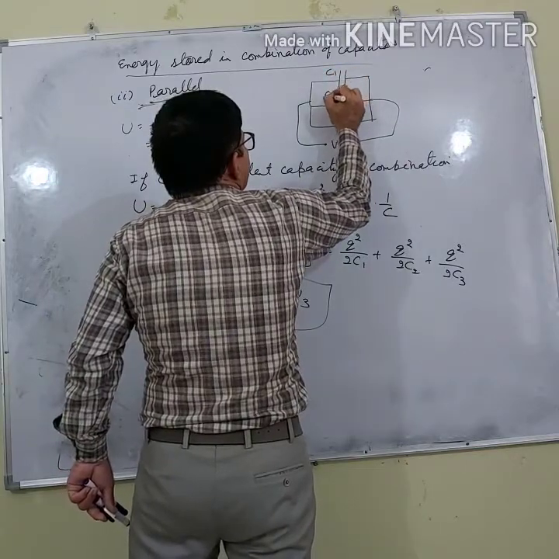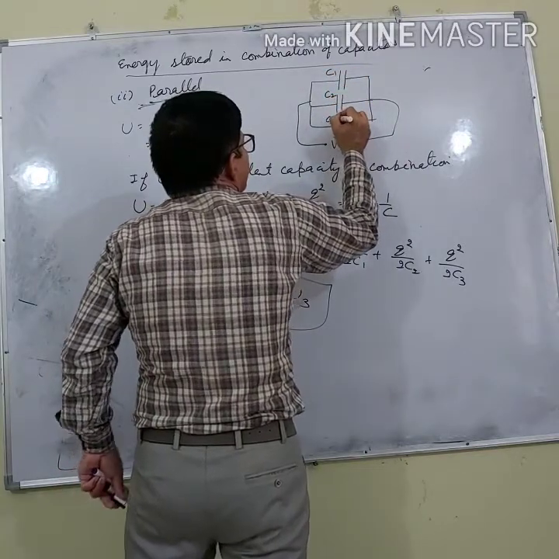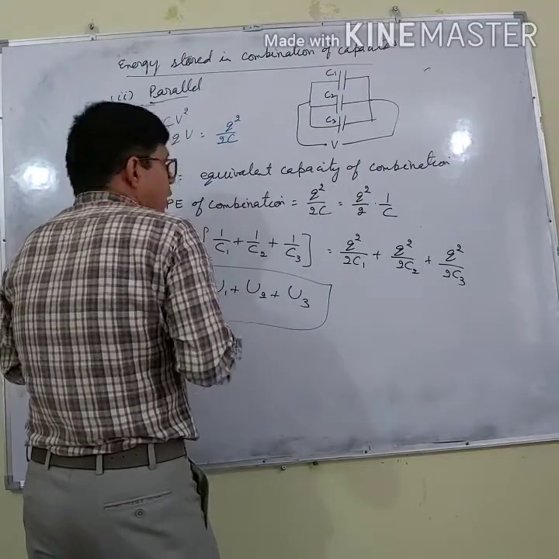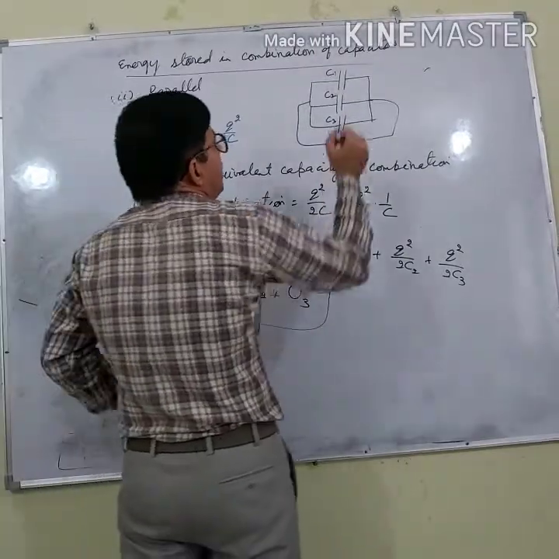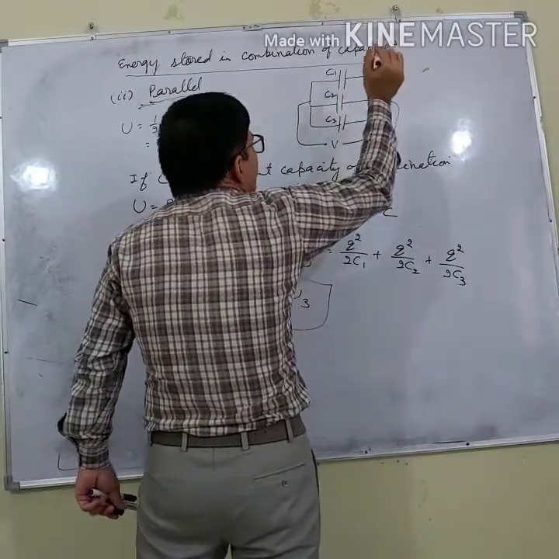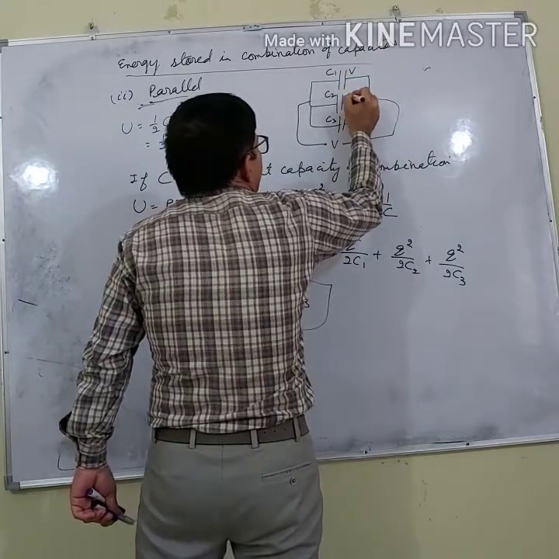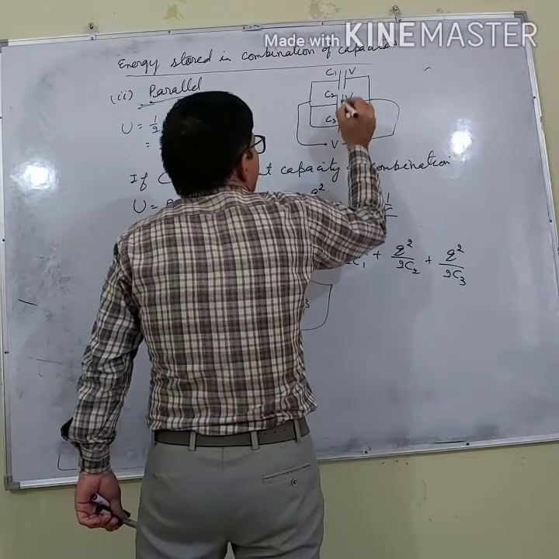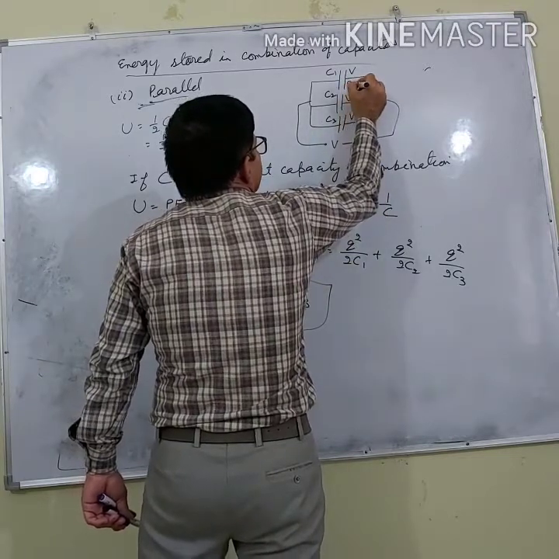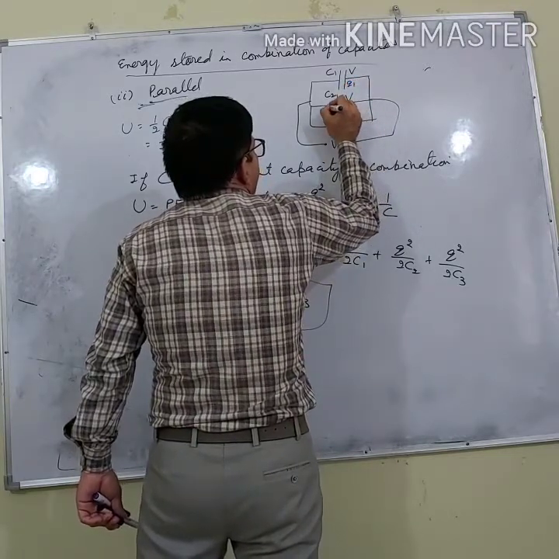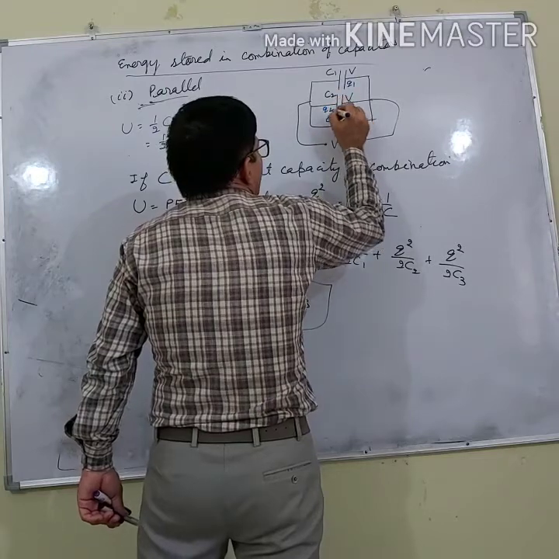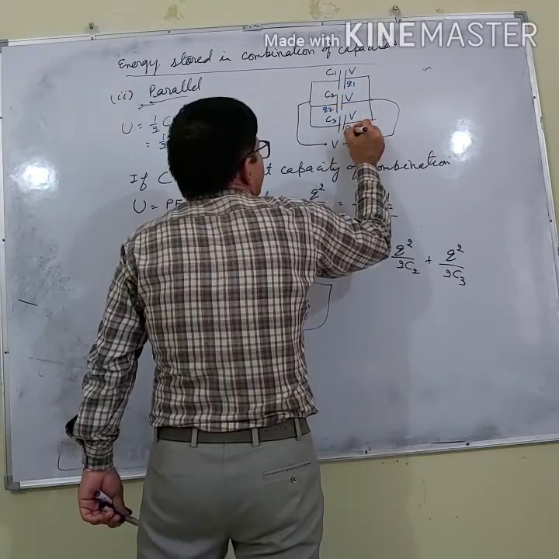It is C1, C2, C3. Now I know that in parallel charge does not remain the same. What remains the same? Potential remains the same. And what is charge of first? Q1. Its charge is Q2 and its charge is Q3.